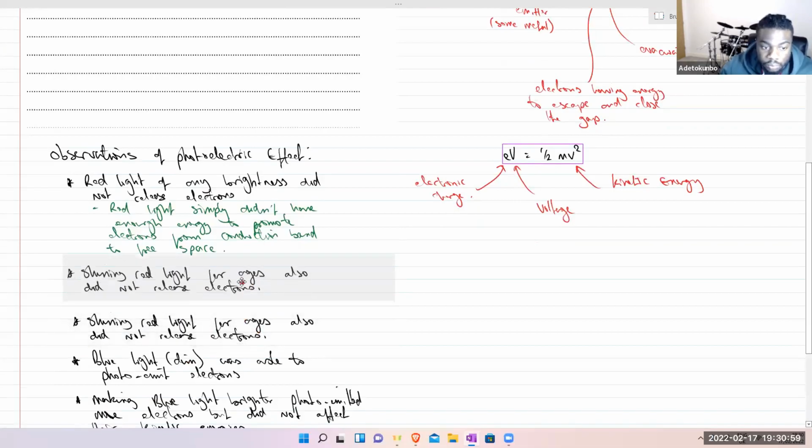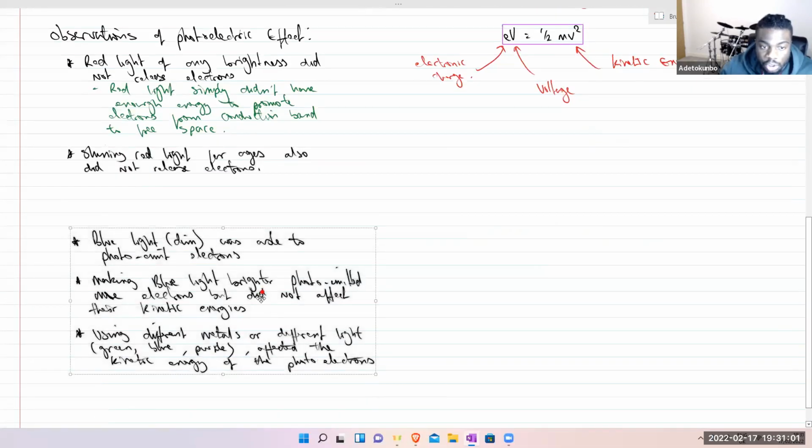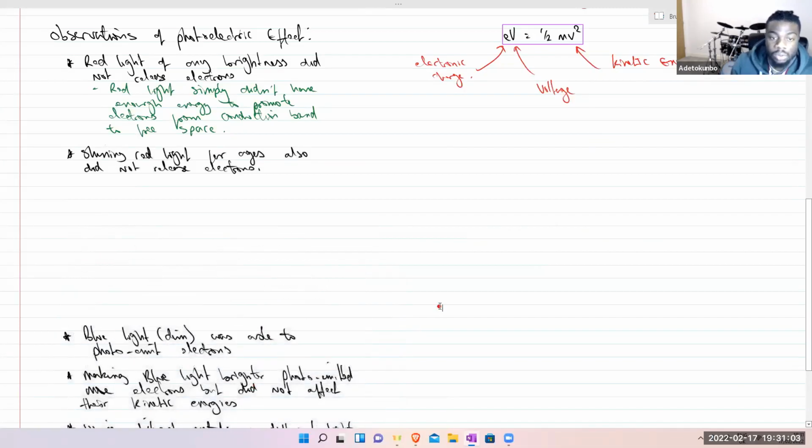Observation number two. Shining red light for ages also did not release electrons. Wave theory of continuous energy transfer, meaning that you could build up the energy over time, is not valid.